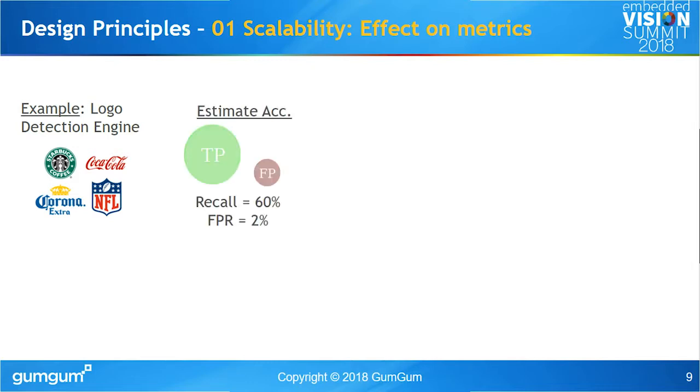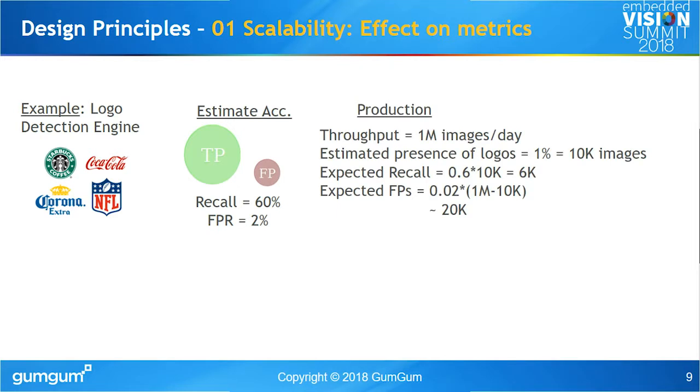So you collect your training data, you curate it, you label it, and say you realize a system with 60% recall and 2% false positive rate. You say, hey, this is good, I'm going to throw it in my production, which sees a throughput of 1 million images a day. And although there's no accurate way of measuring this, let's say the estimated presence of logos in my throughput is 1%. So based on our numbers, we're going to approximately capture 6 out of those 10,000 images.